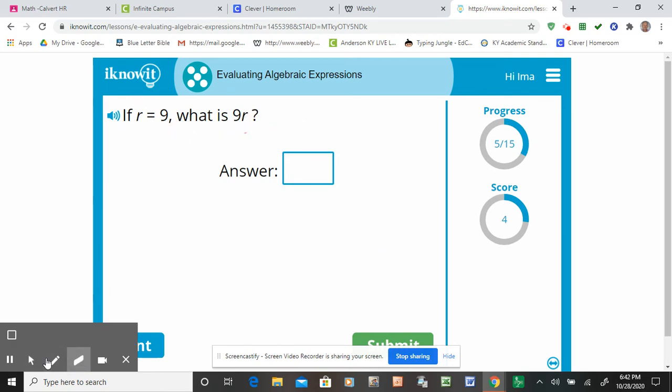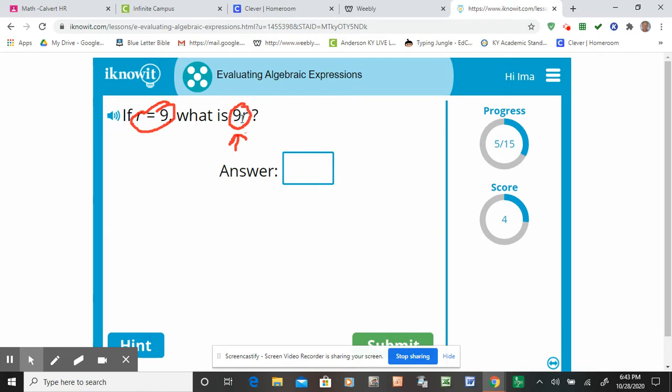And it says this. If r equals 9, you want to keep that in mind. R is equal to 9. What is 9r? Now, do you remember? There's no operation sign between the 9 and the r. Do you remember what that means? When you don't see an operation sign between the 9 and the r, it means multiply.